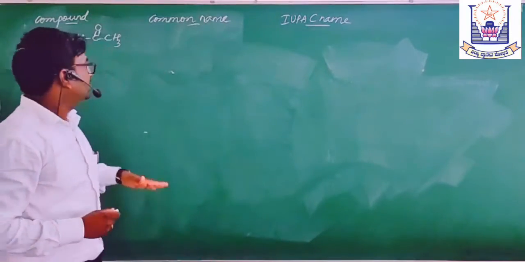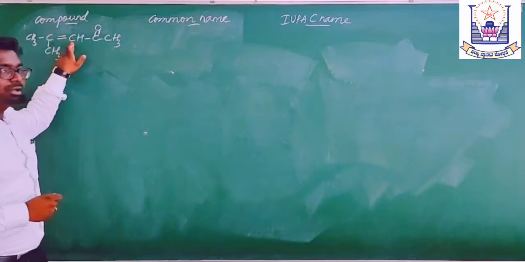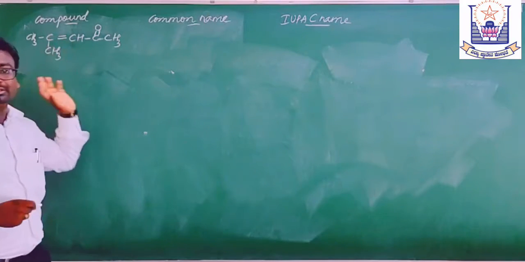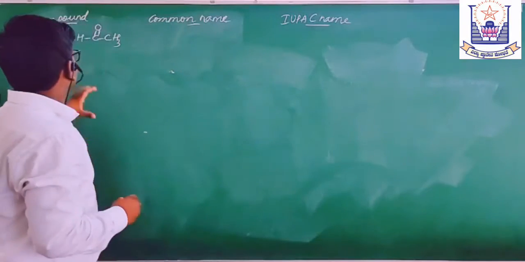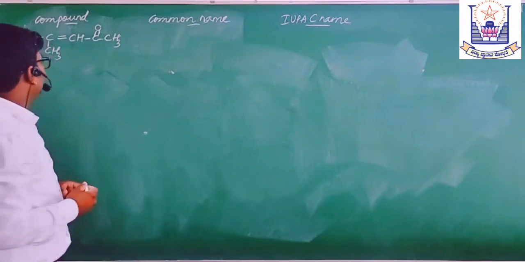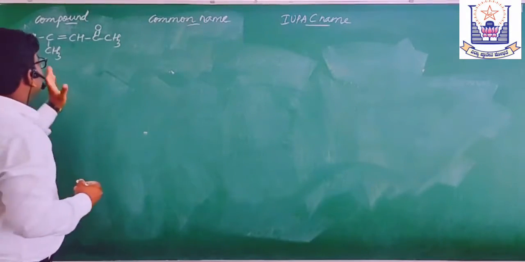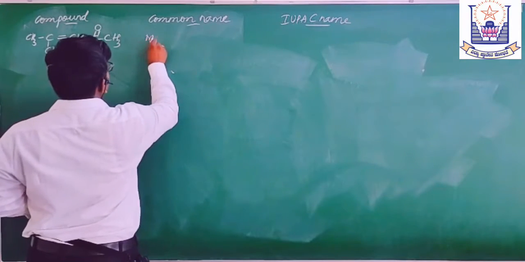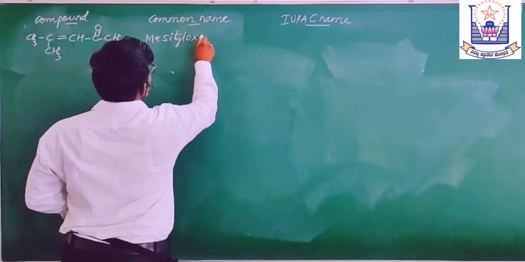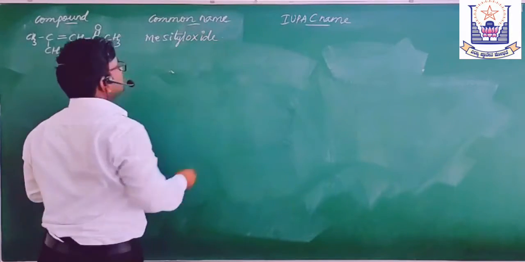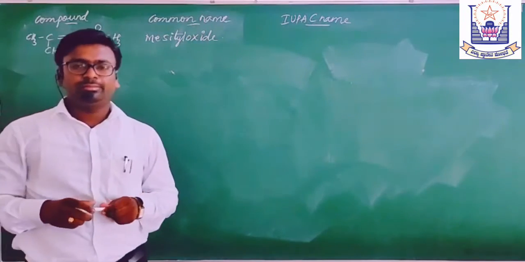The ketones with a C double bond C or C triple bond C will be called unsaturated ketones. This is one of the unsaturated ketones. Its common name is mesityl oxide. You need to remember the common name.